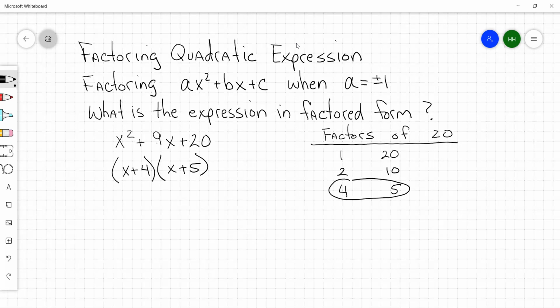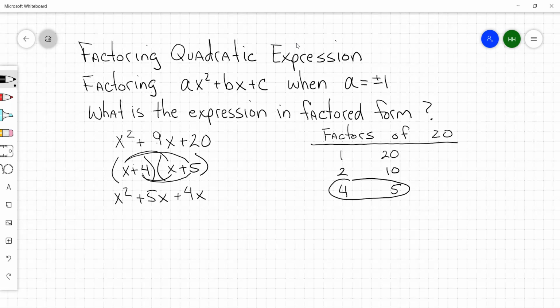The reason behind all that is now that if you multiplied these 2 binomials, your x times your x would be x squared. Your x times your 5 would be positive 5x. Your 4 times your x would be positive 4x.